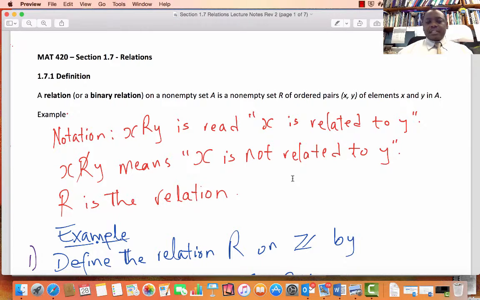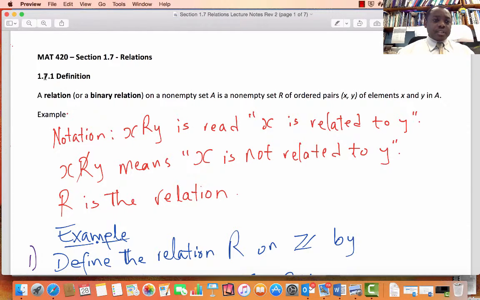The property that these examples of relations have in common is that there is an association of some sort between two elements of a set, and the ordering of the elements is important. These relations can be defined more formally as follows.